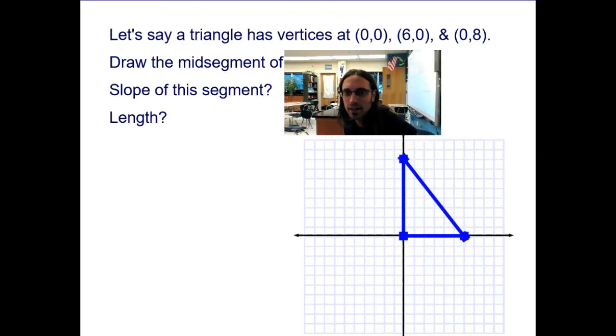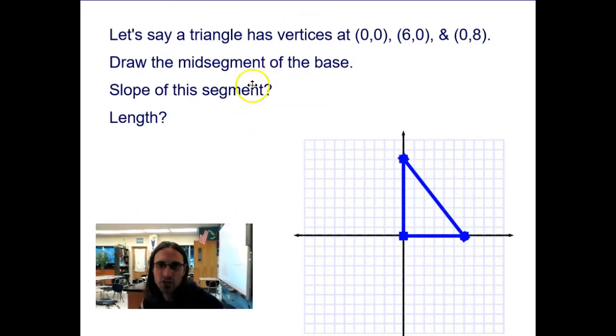All right, let's do a little problem. Let's say a triangle has vertices of (0, 0), (6, 0), and (0, 8). Draw the midsegment of the base. Well, what's the midsegment of the base? Again, find the midpoint of all three sides and start connecting them. Actually, it's pretty easy.